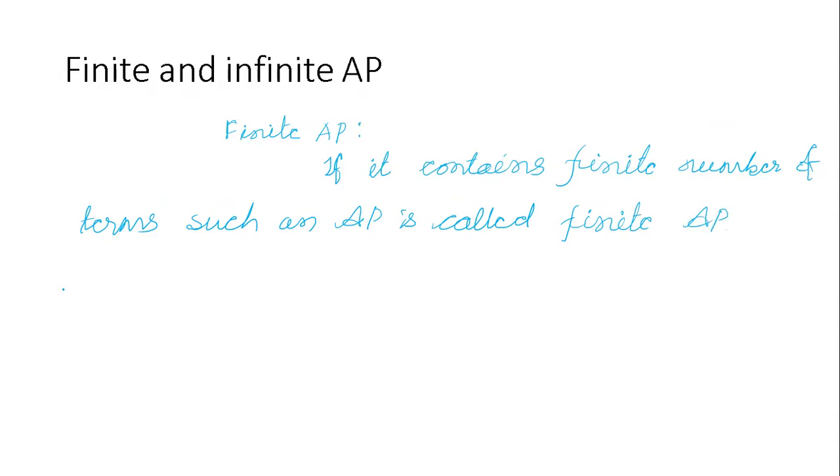Example: 1, 2, 3, 4, 5, and so on up to 10. The last number is given as 10. This is a finite AP.